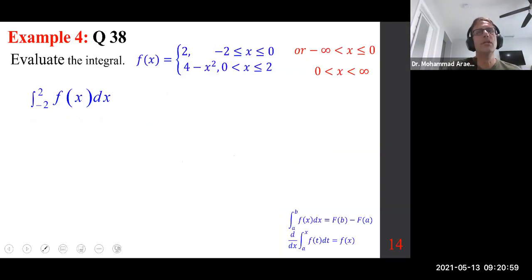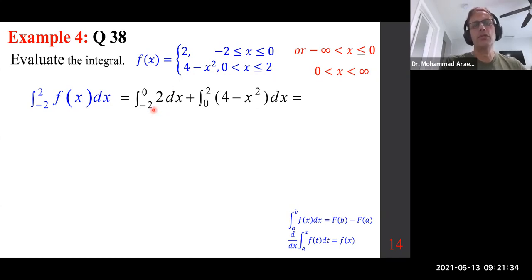We want to evaluate this integral from -2 to 2. By the way, I wrote, even if it were from -infinity to 0, 0 to infinity, it would actually work the same way, conceptually. So with that being the case, this function is cut into two pieces, from -2 to 0, and then from 0 to 2.